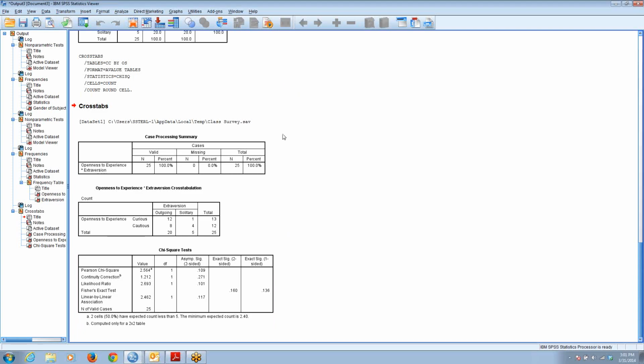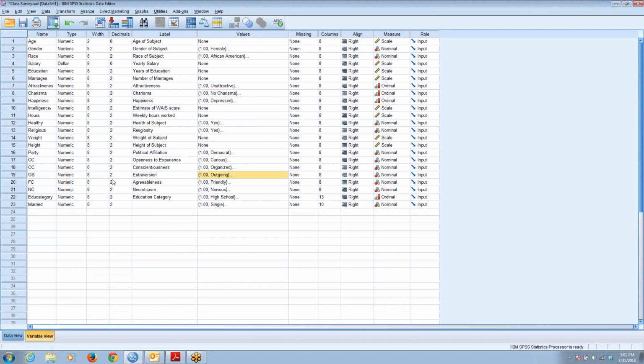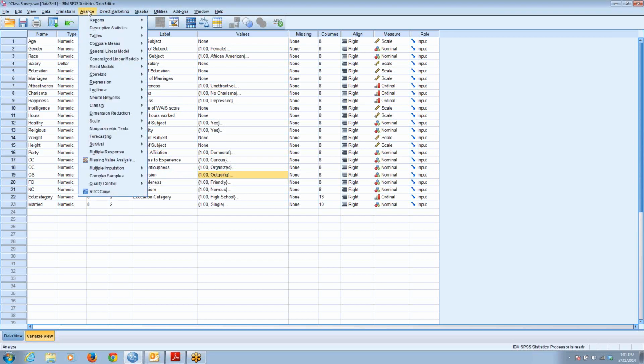I'm going to do one more just so that everyone feels comfortable that they understand what I'm up to. So let's just do agreeableness and conscientiousness, okay? So we go to analyze.